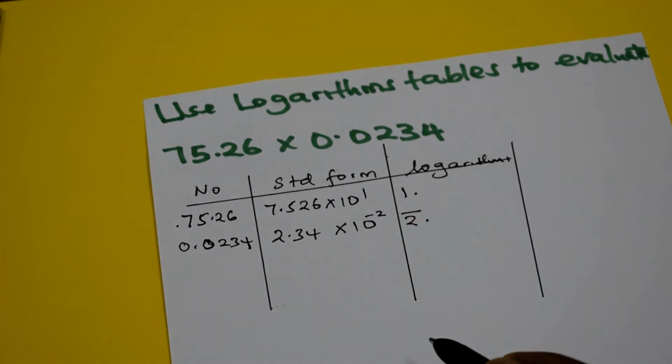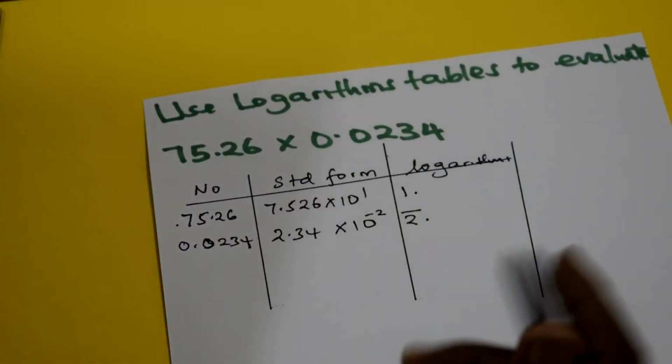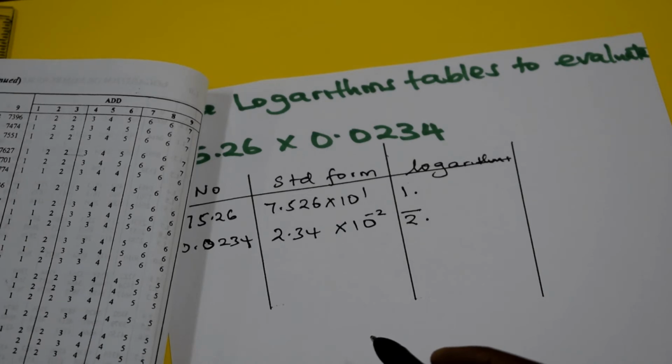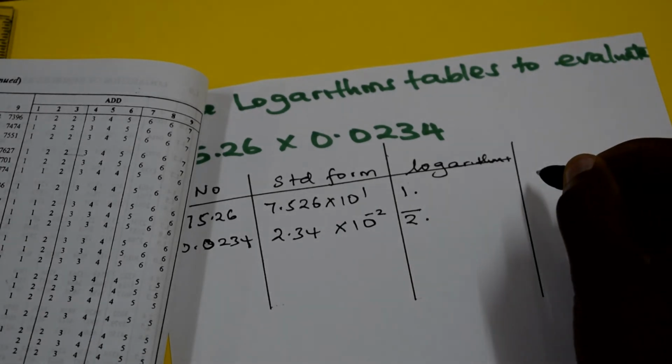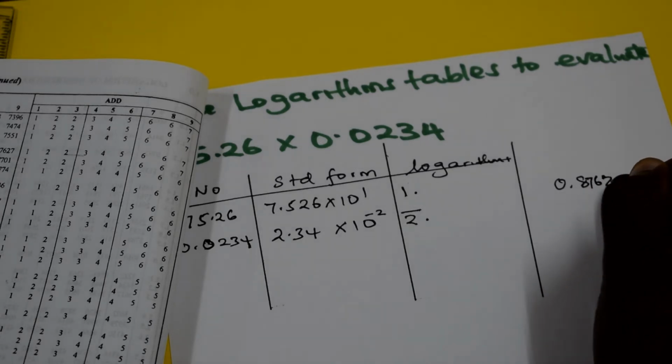Then we go to the tables. We are going to read 7.5, 7.526. So 7.52 gives us 0.8762.